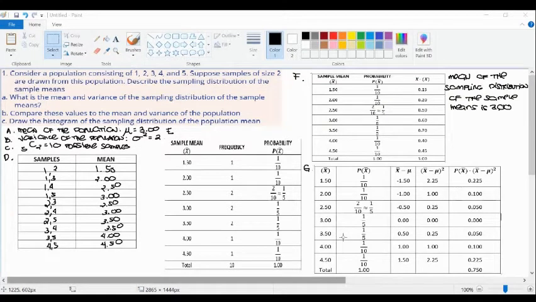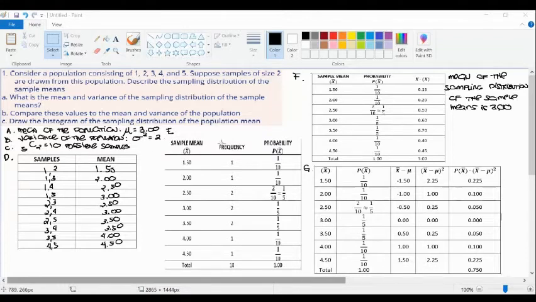Next, we're going to construct the variance of the sampling distribution of the sample means by following this step. So first, we're going to subtract the population mean from each sample mean. So what is our population mean? That is 3. Okay, if you remember. And then what is our sample mean? So here we have 1.5, 2, 2.5, 3, 3.5, 4, and 4.5.